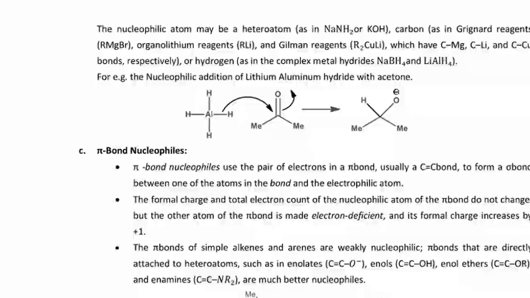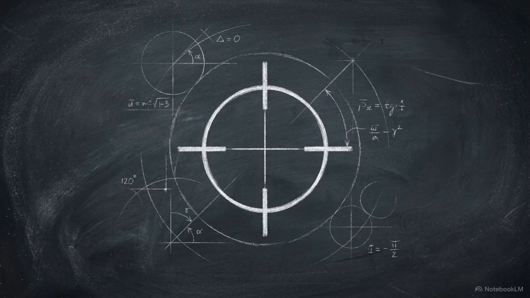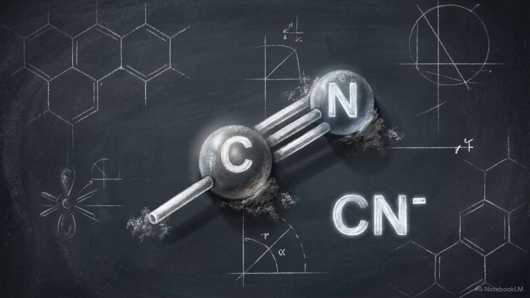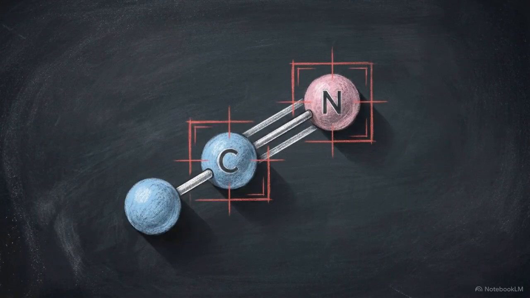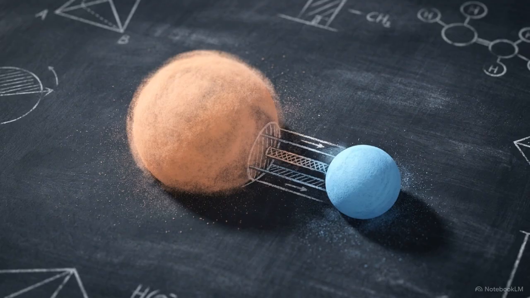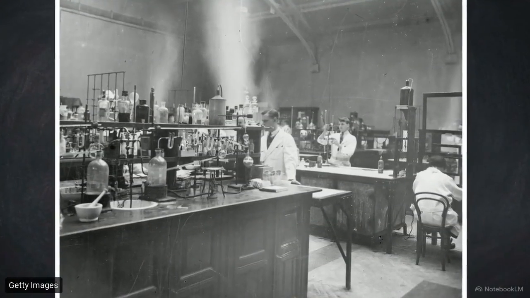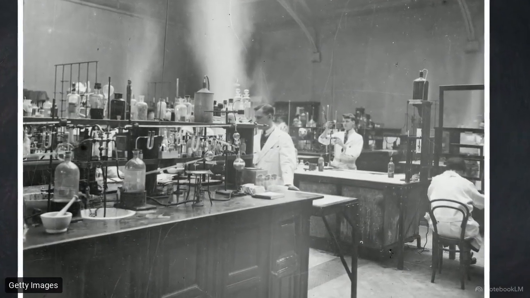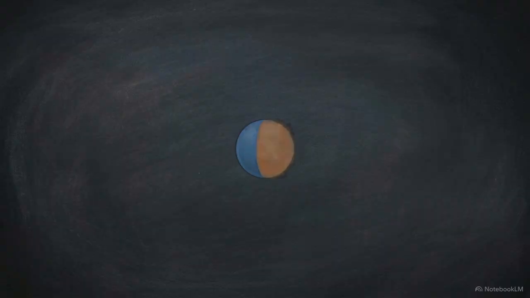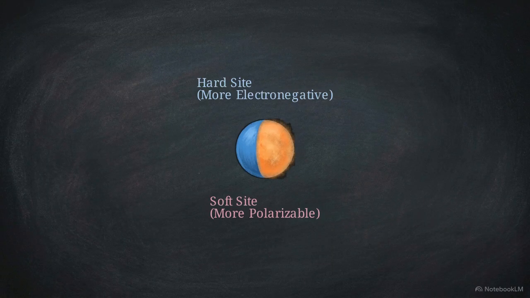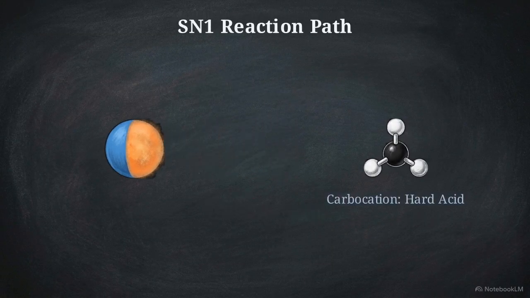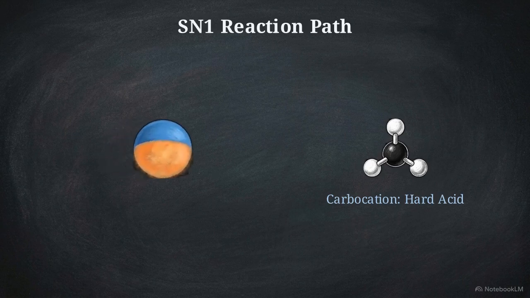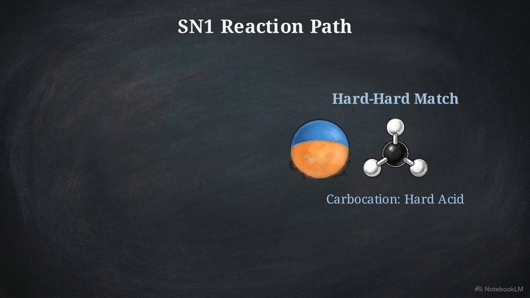The ultimate predictive test for HSAB theory is its application to ambident nucleophiles, molecules equipped with multiple potential attack sites of varying hardness. In 1954, Nathan Kornblum formalized a rule for these complex molecules. In an SN1 reaction, the intermediate is a carbocation, a hard acid. Therefore, it will preferentially react with the most electronegative, hard base site on the nucleophile.